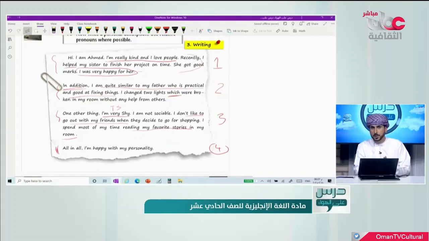After you finish writing your descriptive essay, I want you to take it to your teachers and show it to them in order to give you feedback. Also, you can share it with your friends and discuss it and get feedback from your friends.